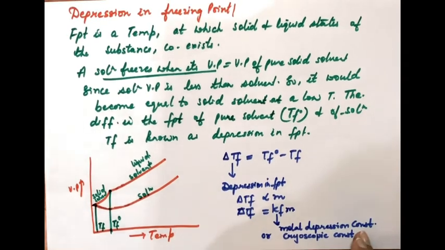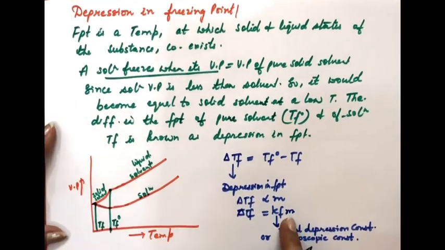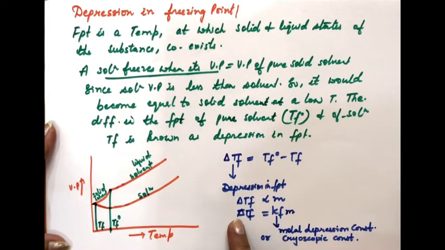And we can define it. If molality of the solution is 1, then Kf will be equal to delta Tf. Now we can define this molal depression constant.